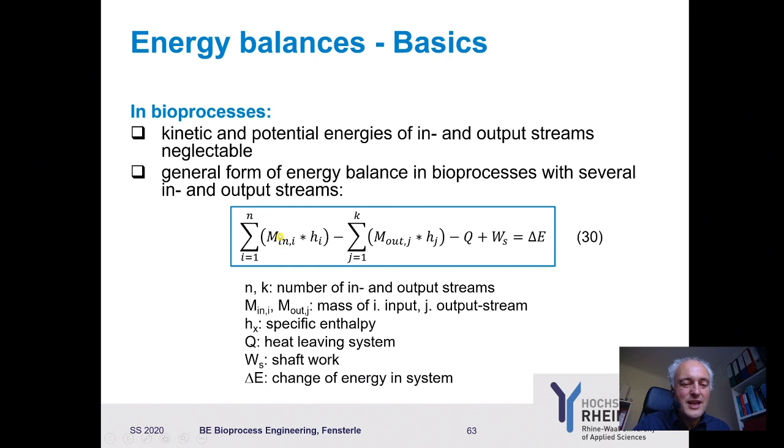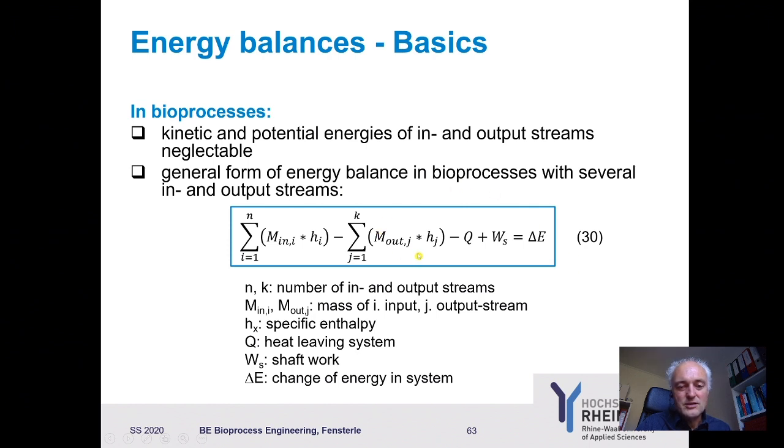And then I have the energy which comes in for each of the mass components. So it's the mass of component 1 which goes in, times the specific enthalpy of this component 1. You sum up everything which goes in, and you subtract everything which goes out.